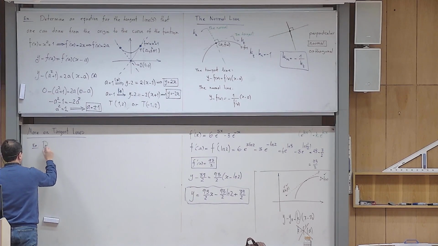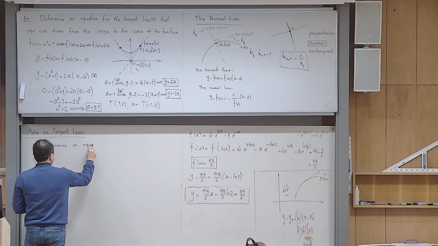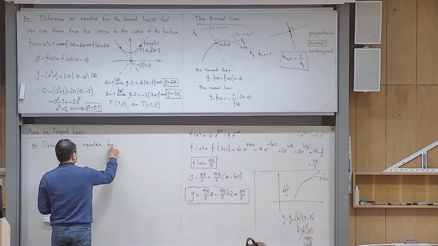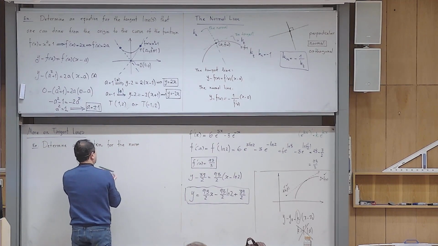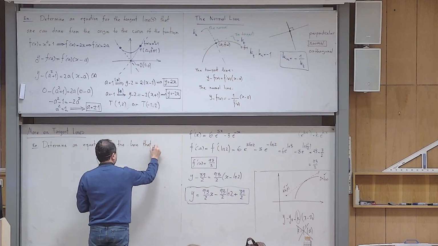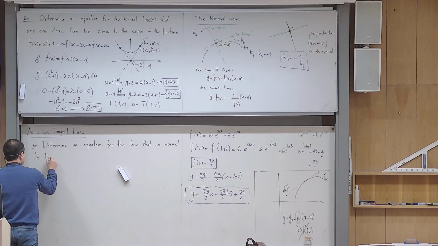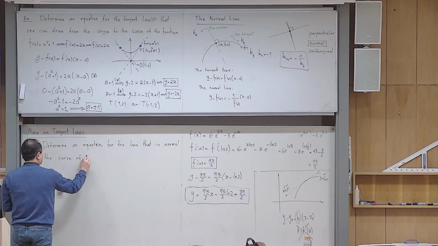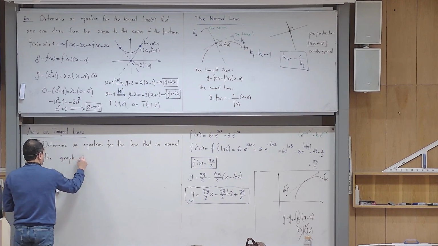Determine an equation for the line that is normal, or perpendicular, to the curve, or to the graph of the function.